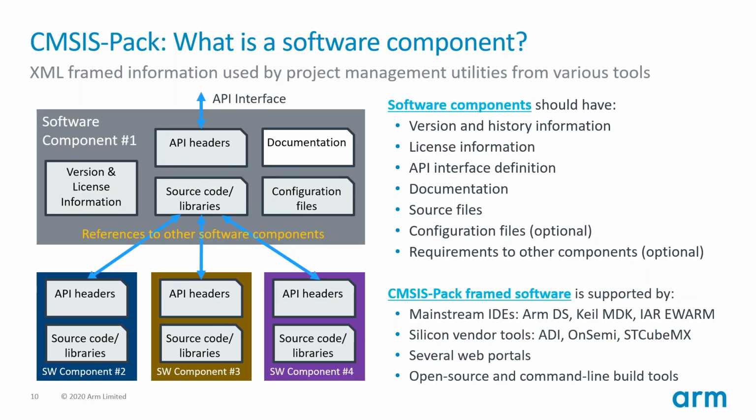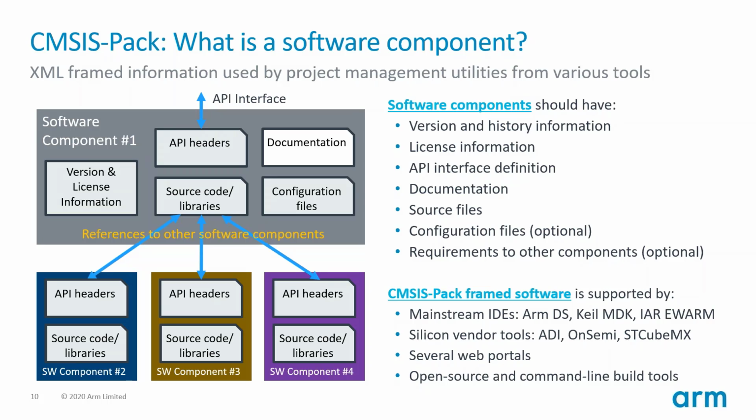Let me talk a little bit about the CMSIS-Pack system. What we show here is how CMSIS-Pack frames software components. So CMSIS-Pack basically uses software libraries or source code and specifies these software libraries and source code with XML information. So there's an XML file.